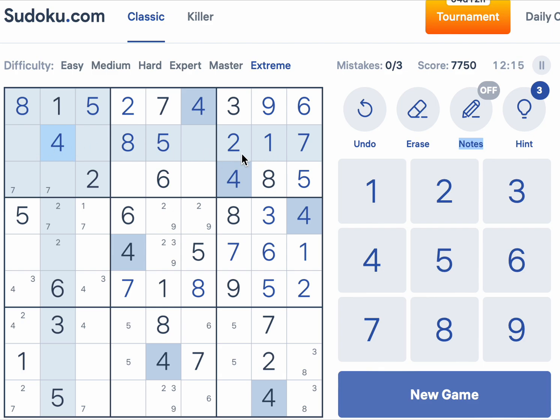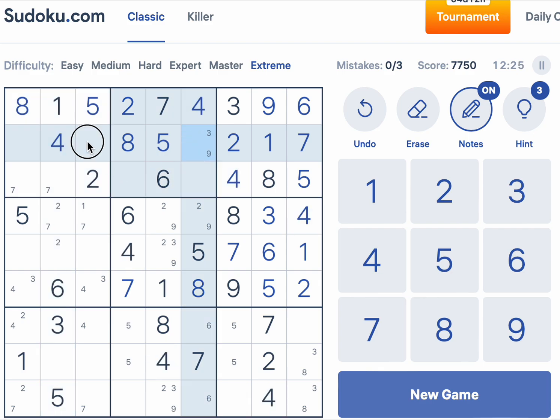For this row, we're missing 3, 6, 9. Let's make a note. We have 6 already, so here it could be 3, 9, and 3, 6, 9, and 3, 6, 9. And for this block, this is the only available cell for 1.